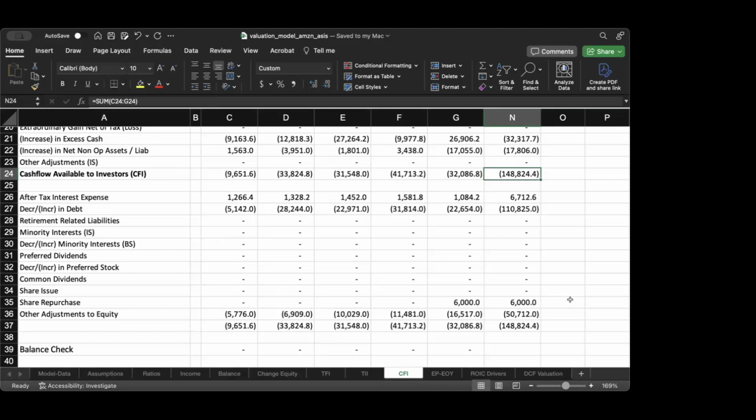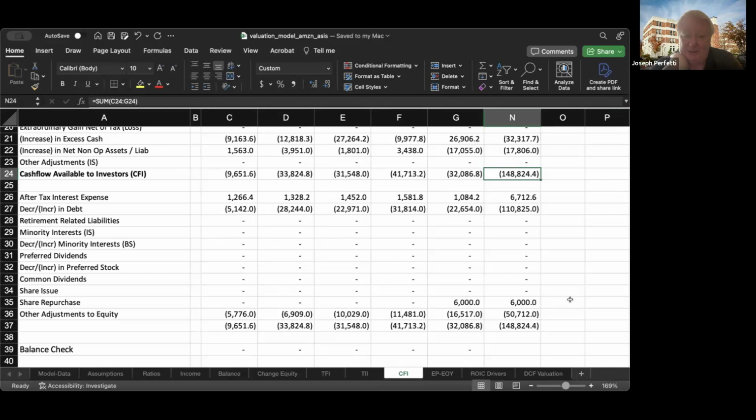They also repurchased shares by 6 billion and adjusted their equity by negative 50 billion. So that's where they were able to finance this, by increasing their debt by 110 billion. And again, good job.